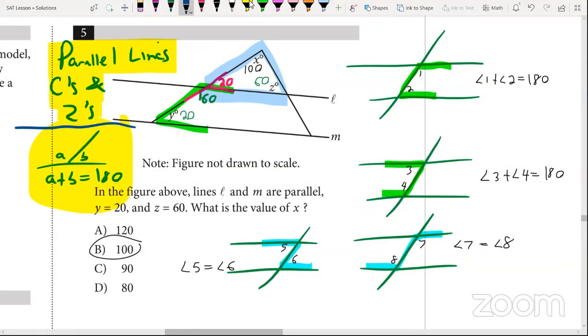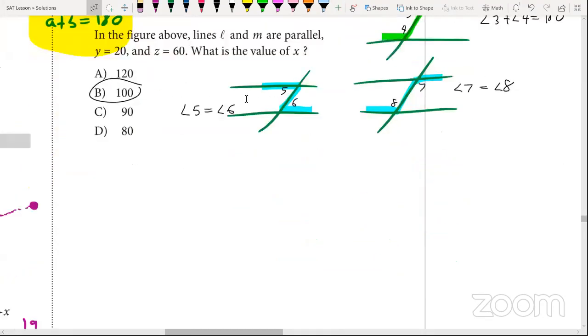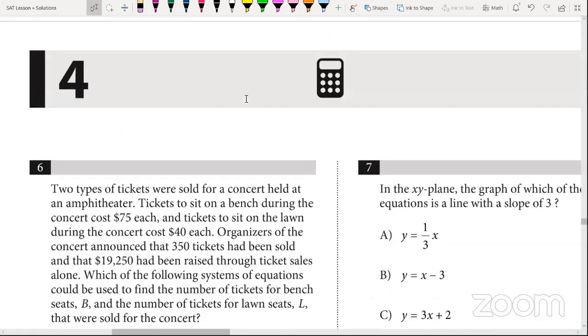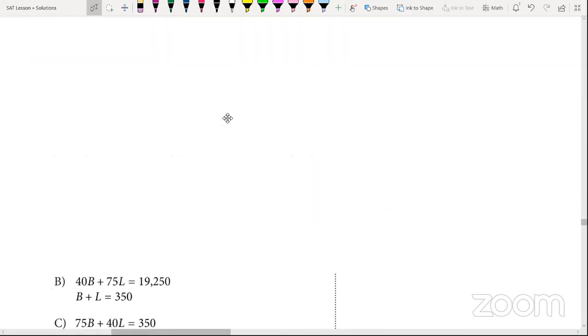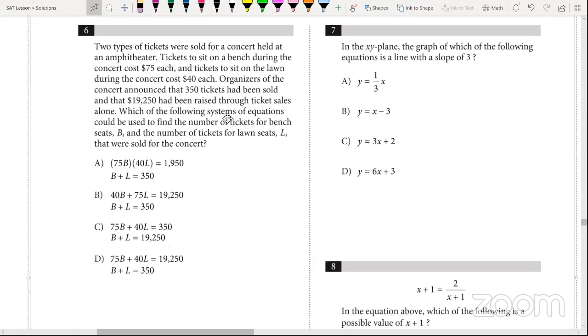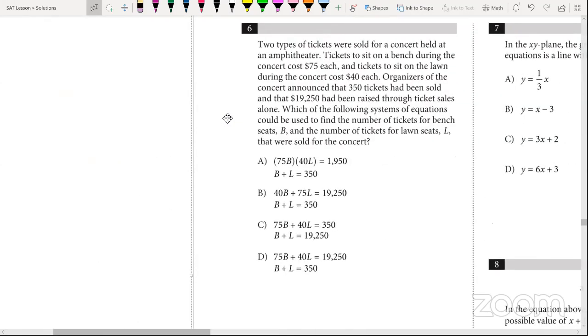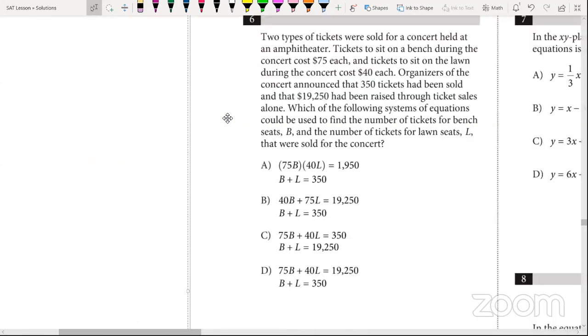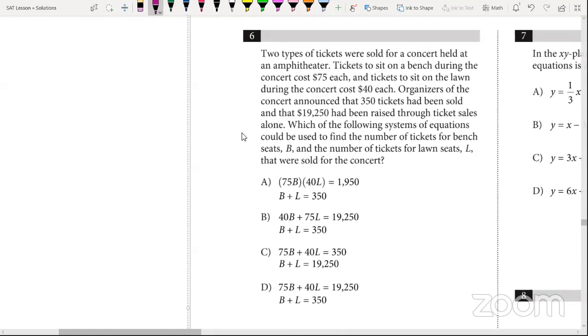And let's go over to number 6. Number 6 is a system of linear equations set up here. The big thing we emphasize with systems of linear equations is to be really clear on what your variables are.